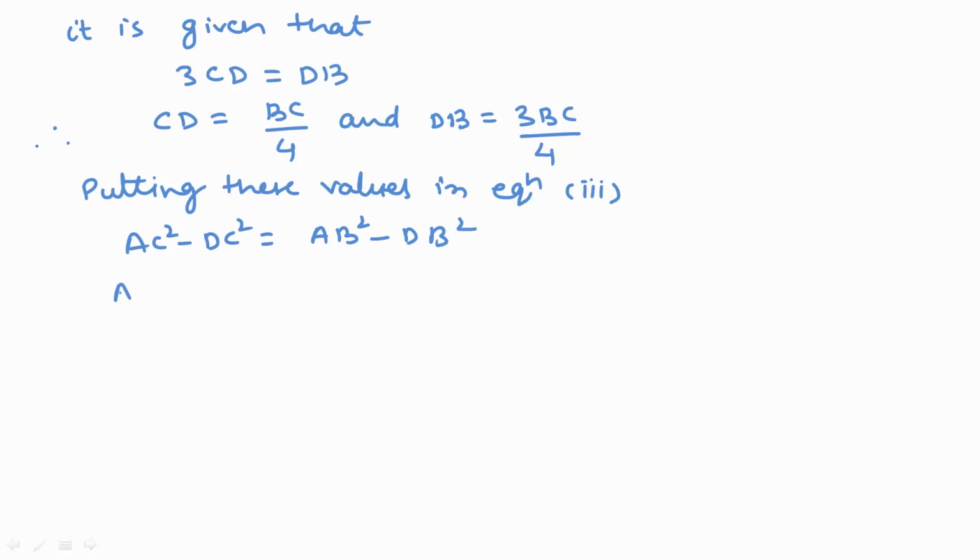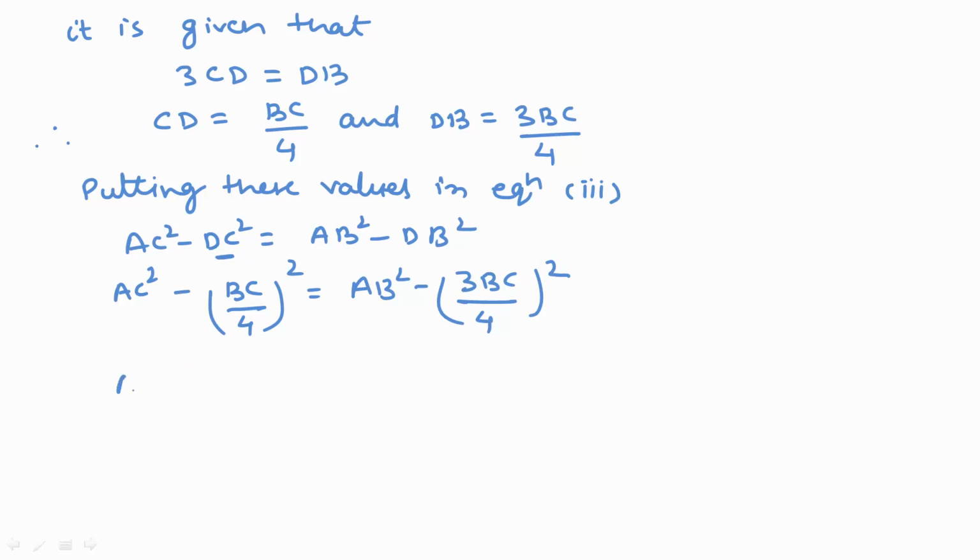Now AC square minus the value of DC, BC by 4 whole square, is equal to AB square minus the value of DB, 3BC by 4 whole square.